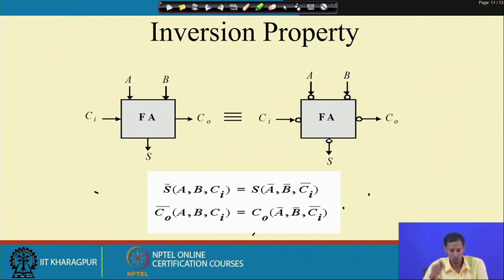So, to reduce the number of transistors, what people have done is, from the beginning, instead of A, B and C, they have taken the complement of A, B and C, which are being used in this particular full adder cell.